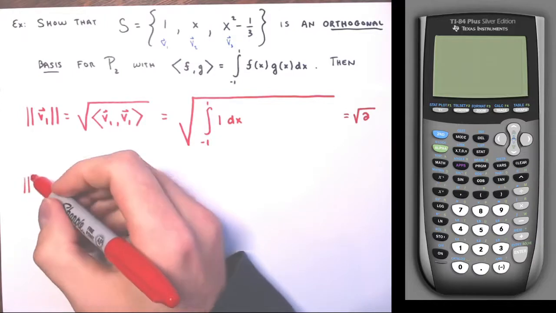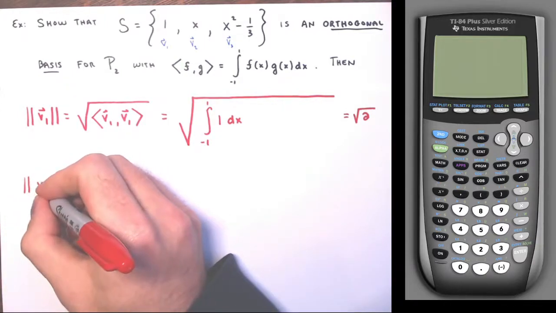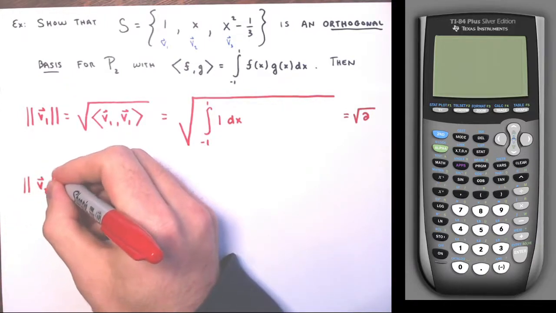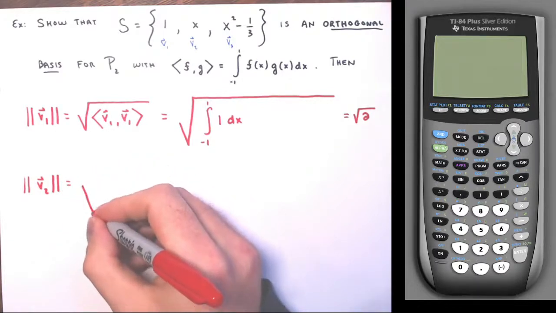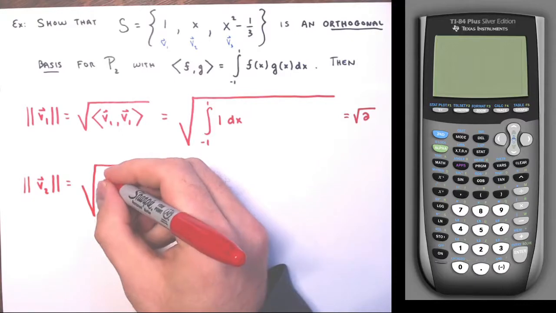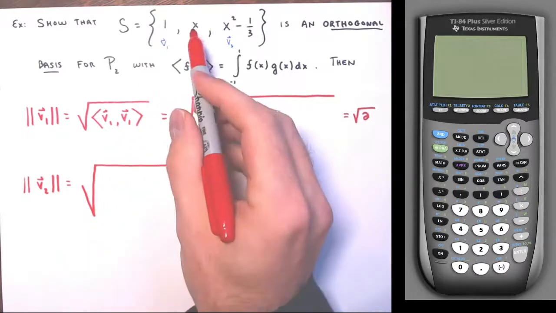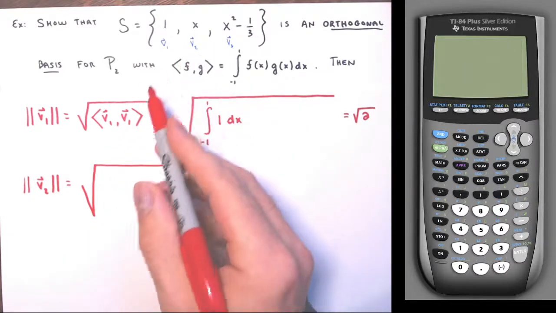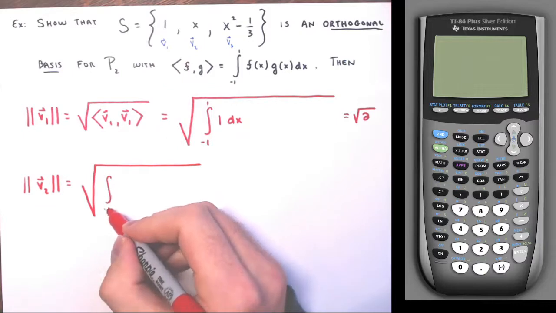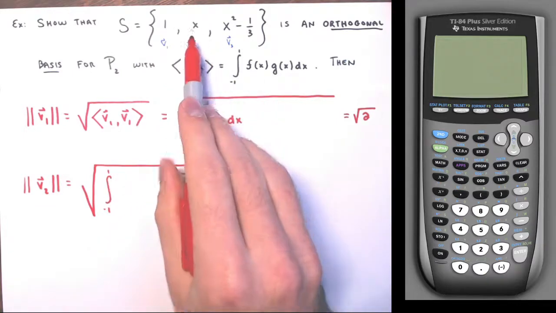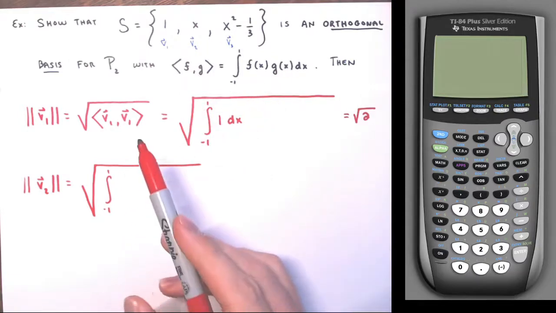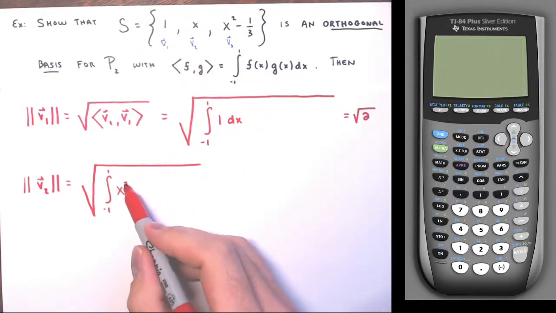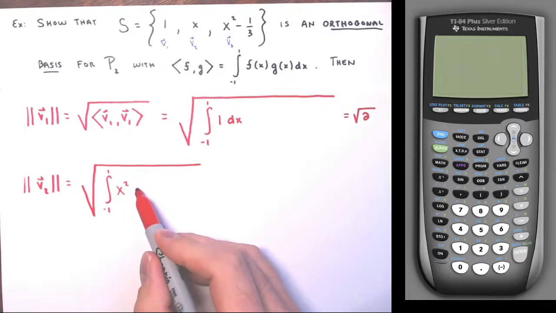What's the norm of vector 2? Again, it's the square root of the inner product of x with x. V2 is x. The integral from -1 to 1 of x times x, or x squared, with respect to x.